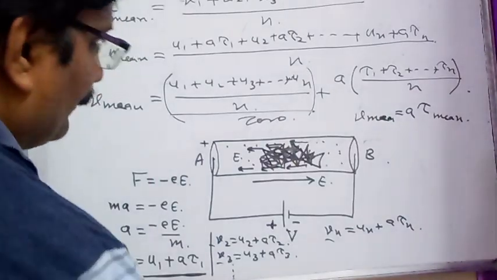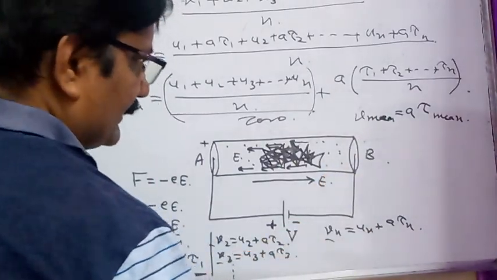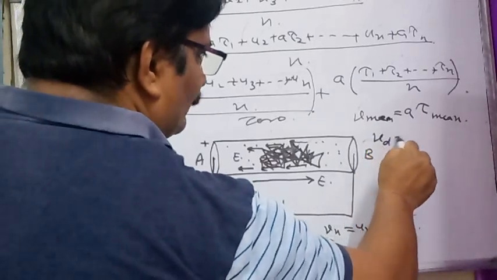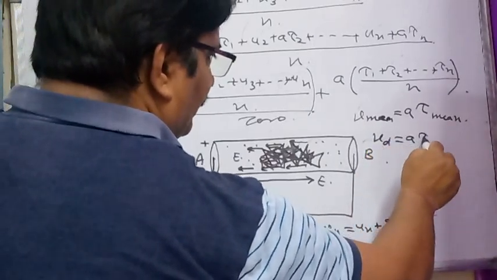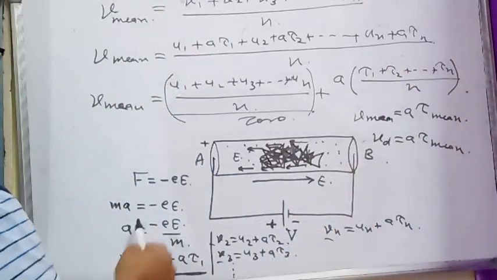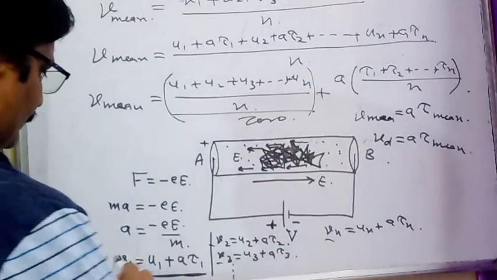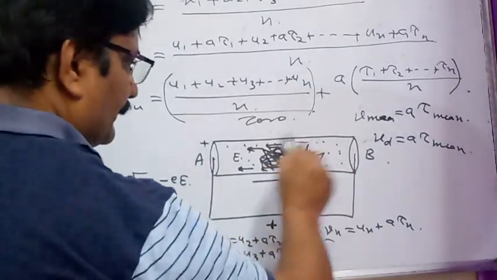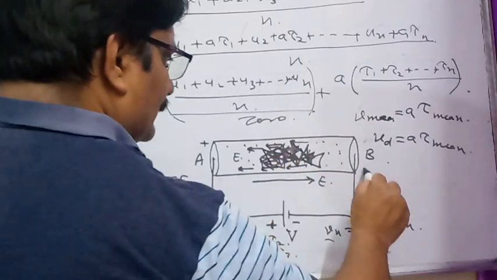As this mean velocity is defined as the drift velocity, the value of the drift velocity is going to be acceleration multiplied by tau mean. If we put in the value of acceleration, what is going to be the drift velocity of all the electrons in this conductor?